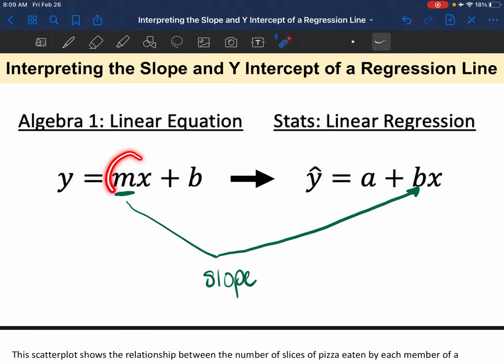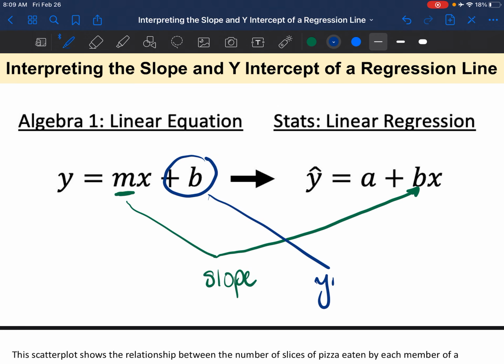You can see that this is mx and this is bx. So that is one way to remember that represents your change in your x value. The other letter here, in algebra, B represents your y-intercept.